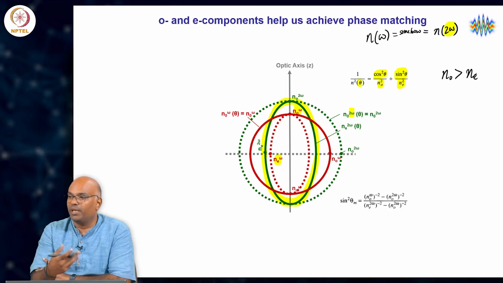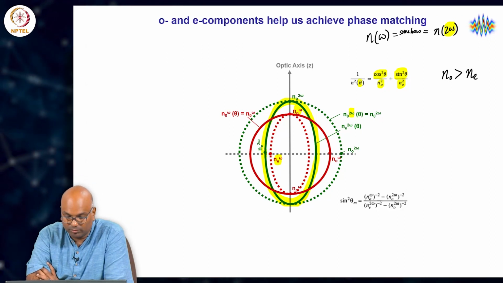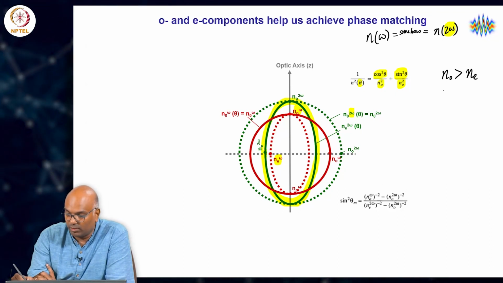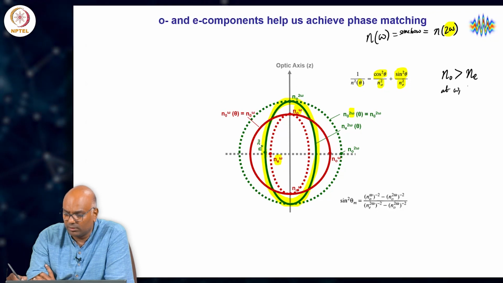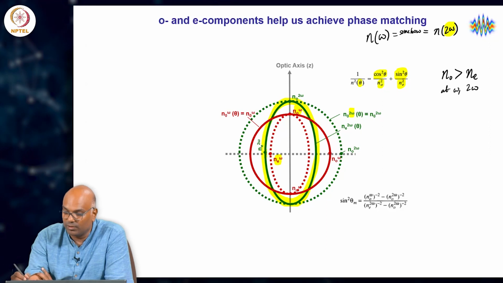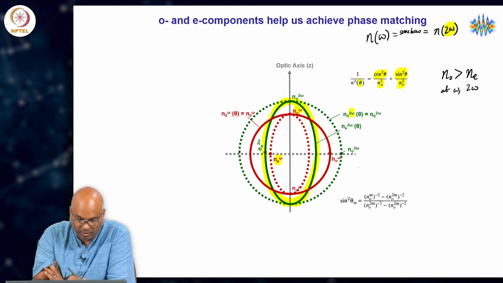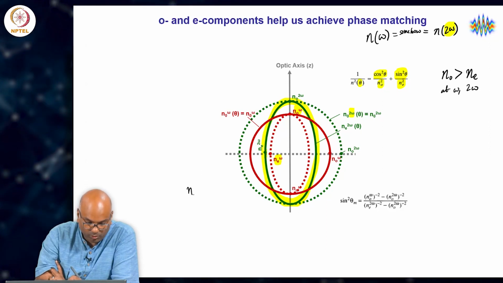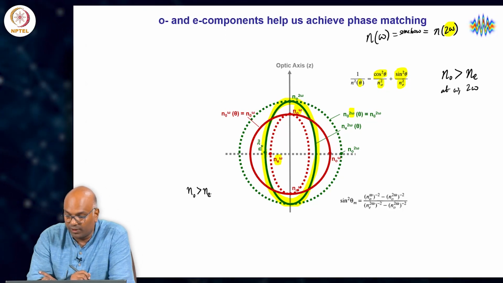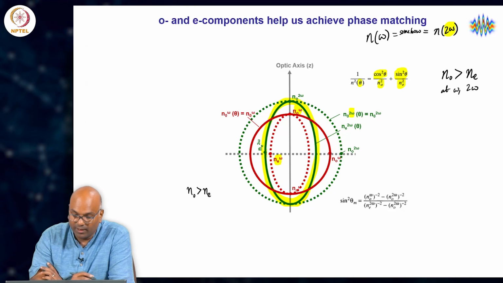We could also have media where it is the other way around, right, both at omega and at 2 omega. Okay. So, this condition is moot here, No greater than Ne over a reasonable range of frequencies that we are interested in here.